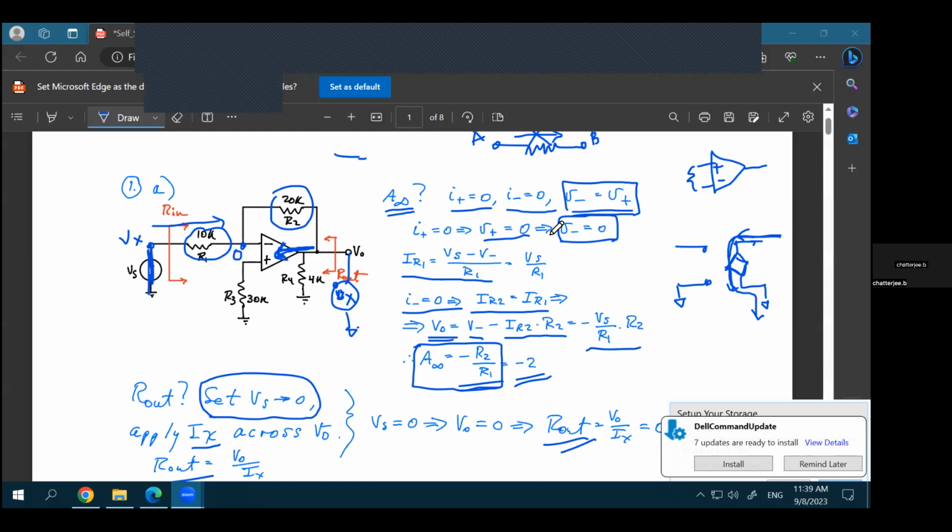That's for non-ideal. If it is ideal, we'll see zero. So that's all we are saying here. Why do we use it? Because you're seeing the voltage source in the system. The resistance of a voltage source is zero, so you don't need to short it.